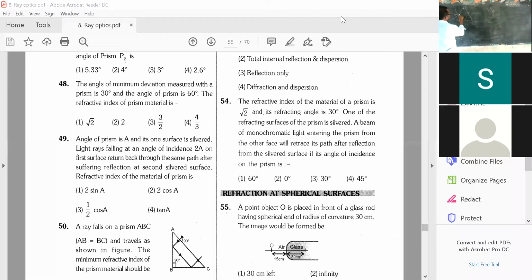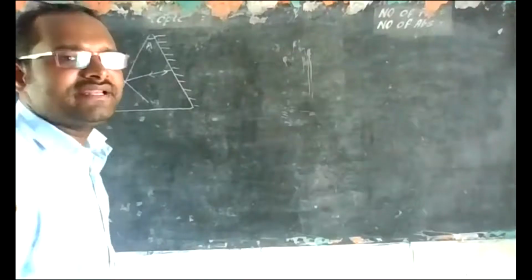It will bend towards the normal like this, and then reflect from the mirror and return back along the same path. Then what is the refractive index of the material of the prism?